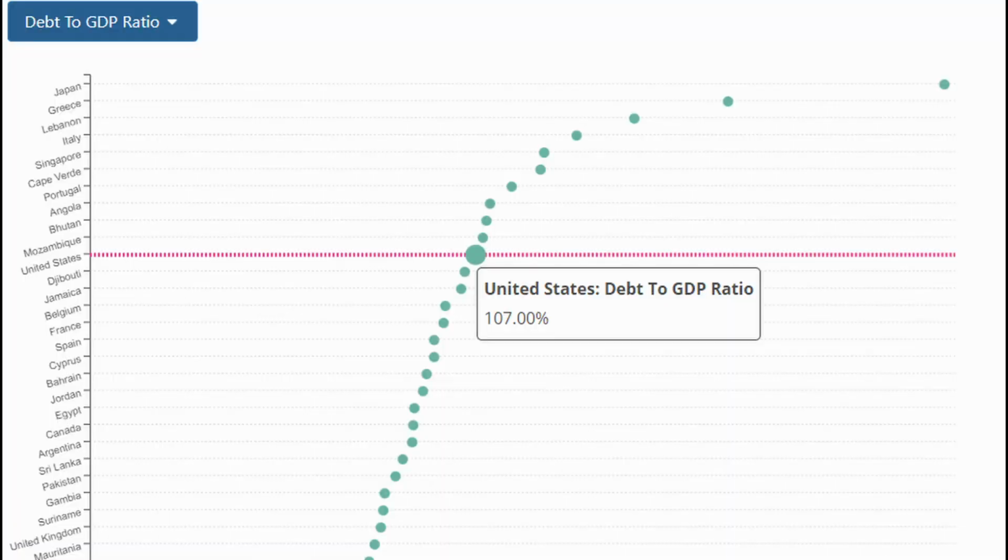A quick note is that this was made at the beginning of the year. However, our debt to GDP ratio has gotten worse throughout the year. So while it says our debt to GDP ratio is 107%, it's actually higher than that. However, this is going on with most of the other countries on it too, so I think reality lines up pretty accurately with this chart.